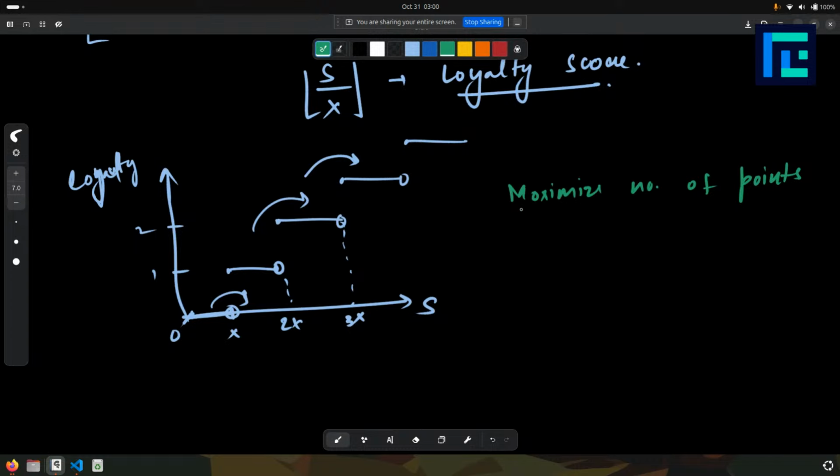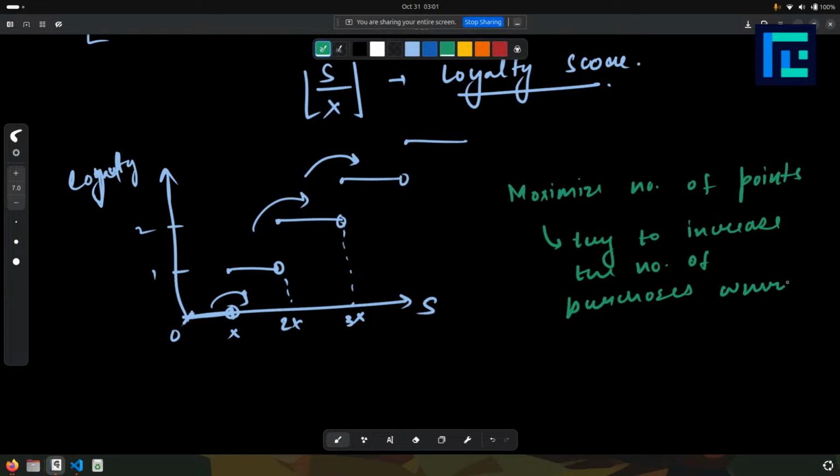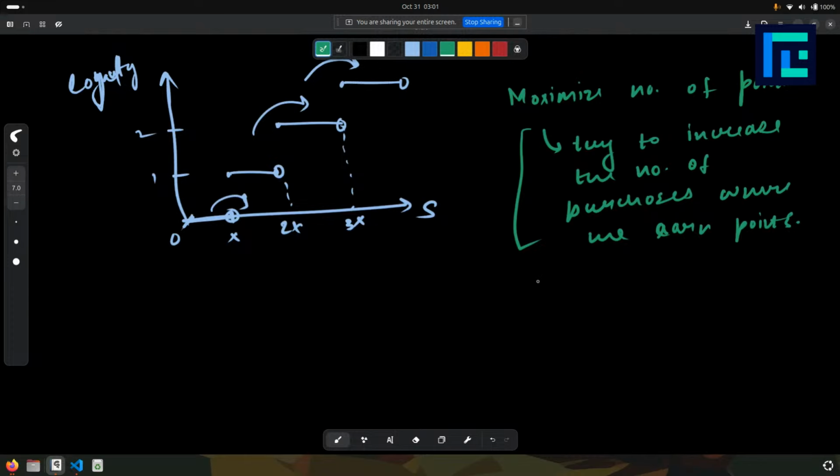So what can we do to maximize the number of points? Two things, right? Try to increase the number of purchases where we earn points. This is obvious: if we make more purchases where we are earning points, we will be earning more total points. That is one factor.